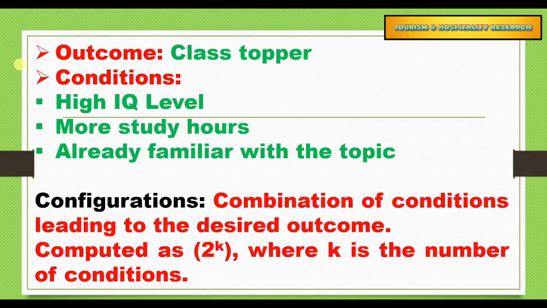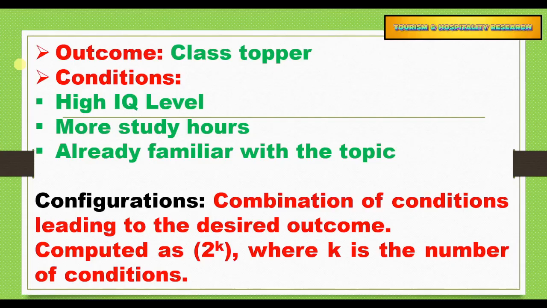Say for example, we have the outcome as being a class topper. So how can one be a class topper? There are different conditions for being a class topper. Maybe the student has a high IQ level. Maybe the student has put in more study hours.